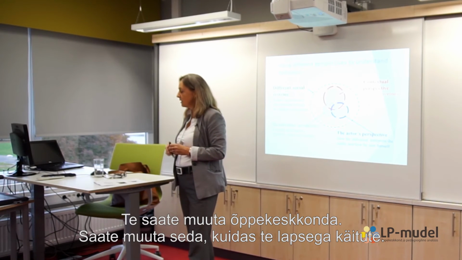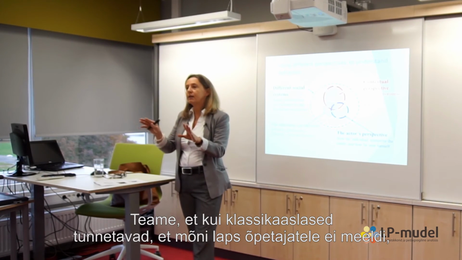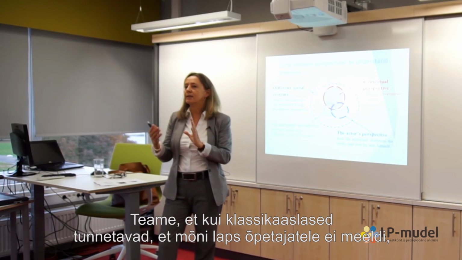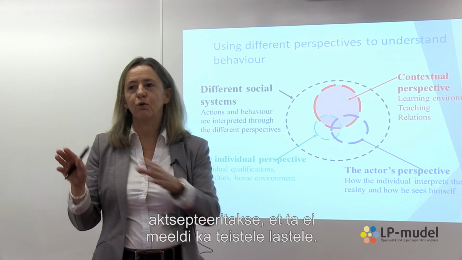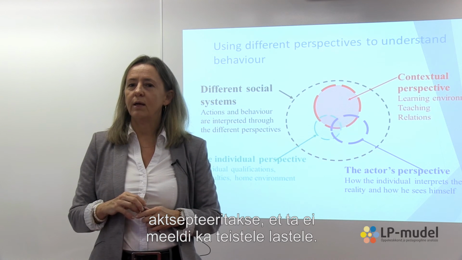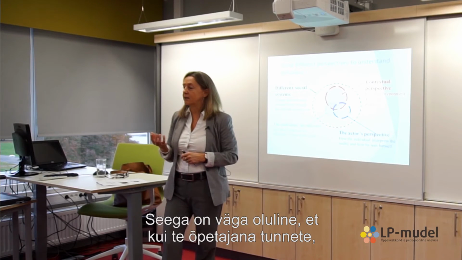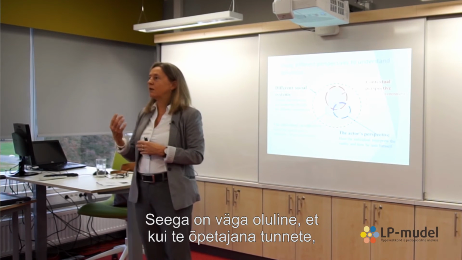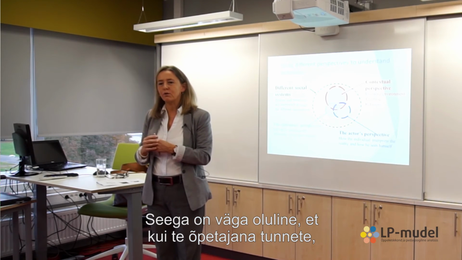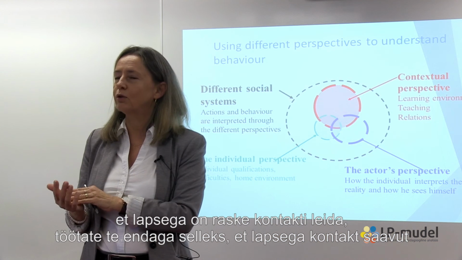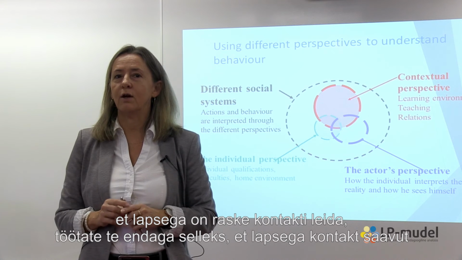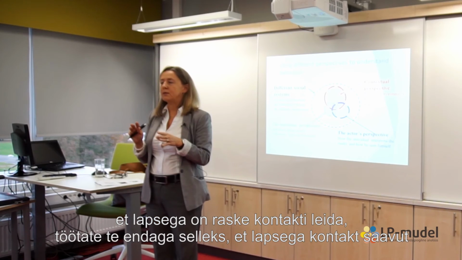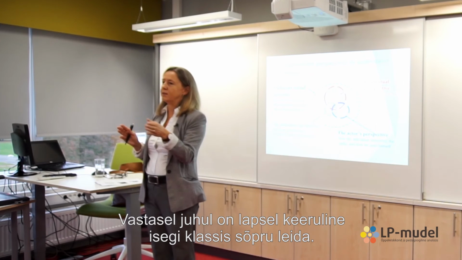We know that if other children in the class sense that the teachers don't like special children, it is okay for them to not like this child as well. So if you feel that it's difficult to get a relation to a child, it's very important to work with yourself so that you do get a relation to that child, because otherwise it will be difficult for that child even to get friends in the classroom.